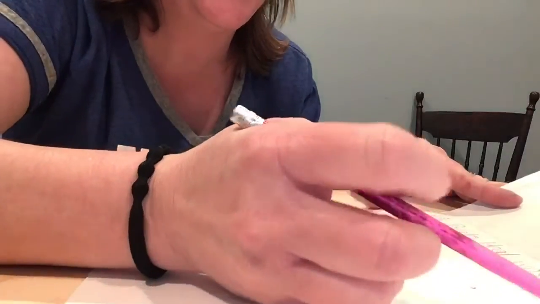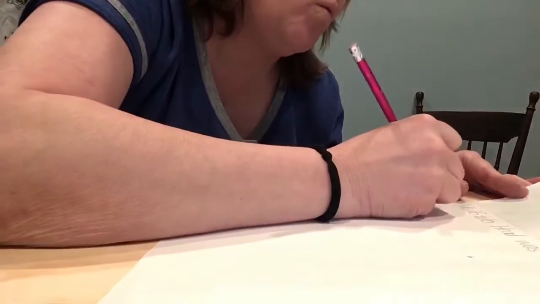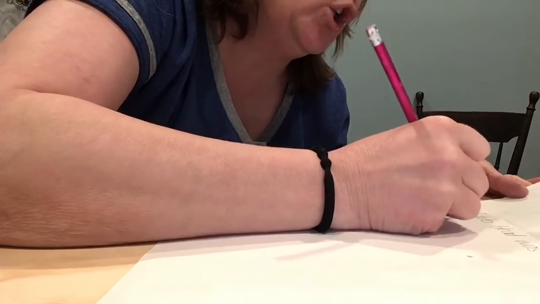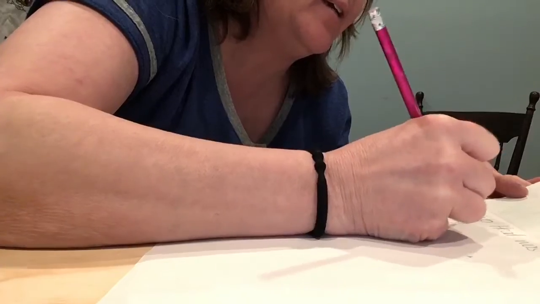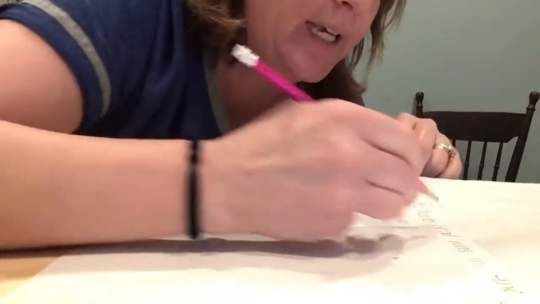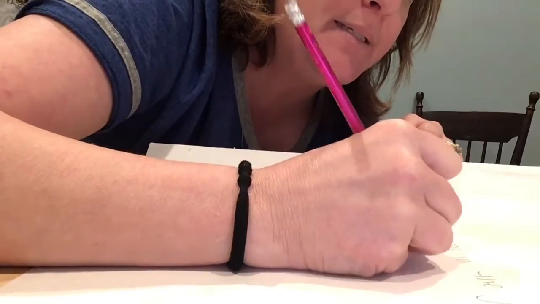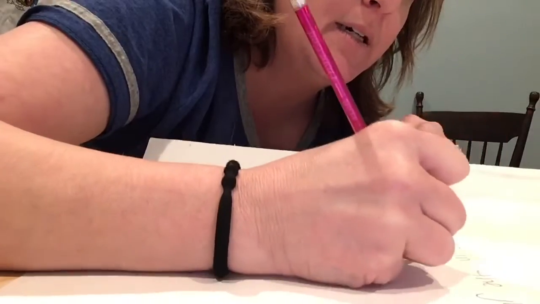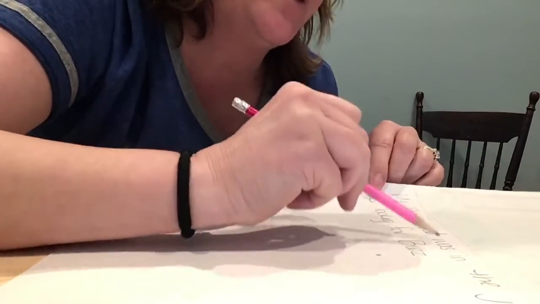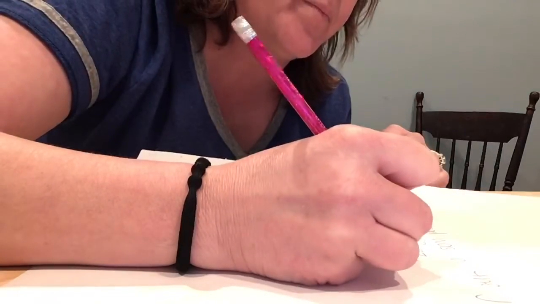Mr. Potato Head was in the jungle. He was looking, so I have my sight word look, and I added ing, looking for, there's another sight word, for, Buzz Lightyear. Well, I'm going to just put Mr. Potato Head was in the jungle, period. He was looking for Buzz, period.